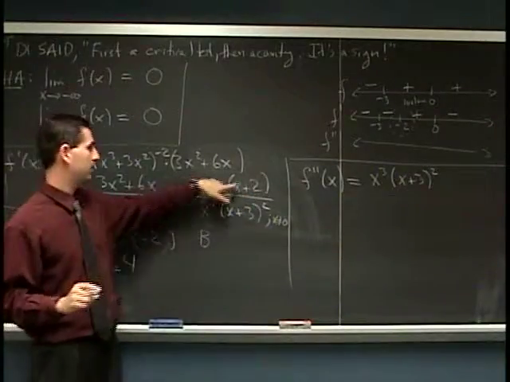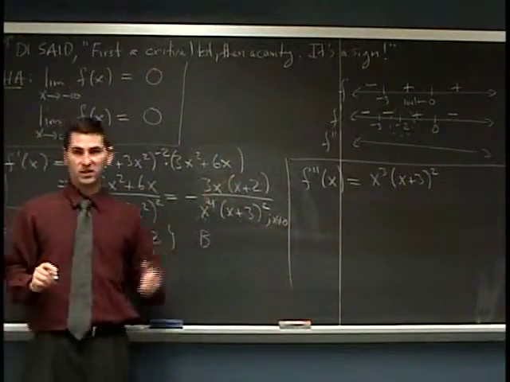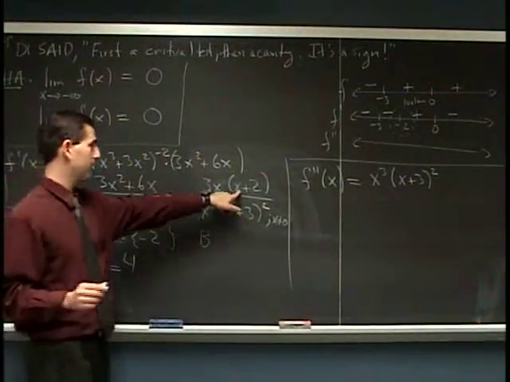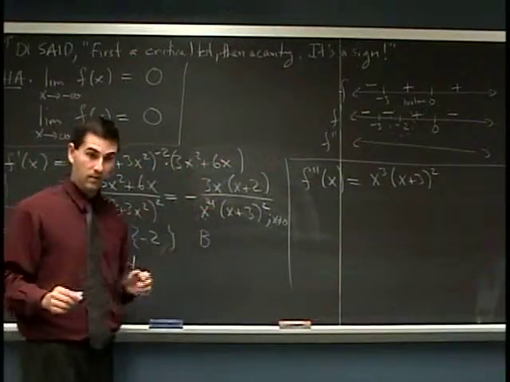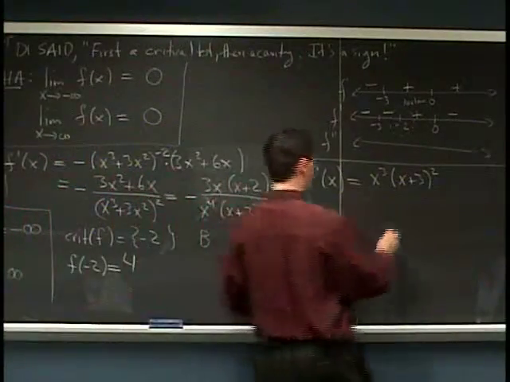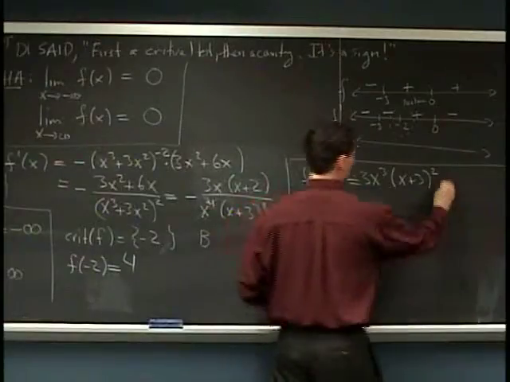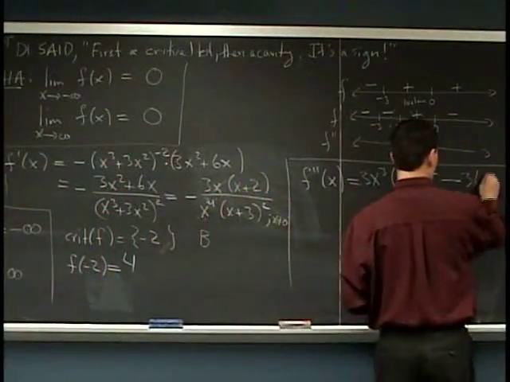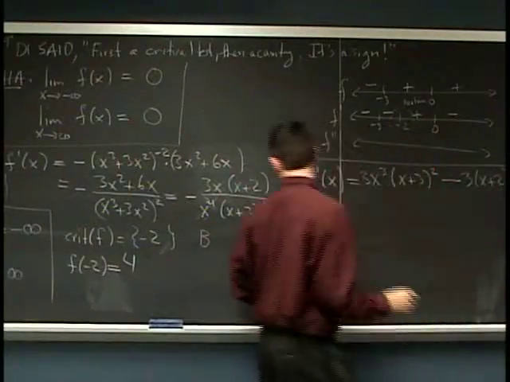The derivative of 3 times x plus 2 is 3. Derivative of x plus 2 is 1. So I move a 3 out front. Minus, now I do high, 3 times x plus 2, times the derivative of the low.